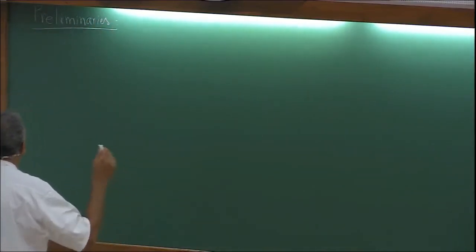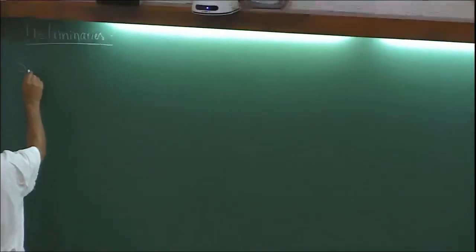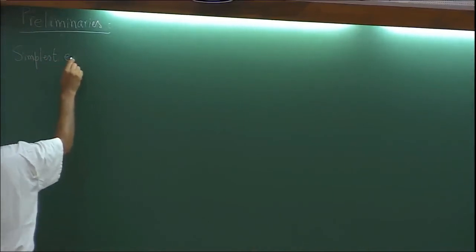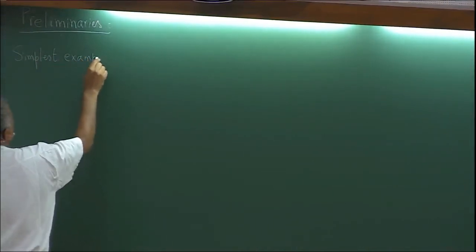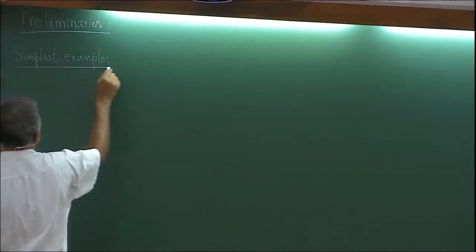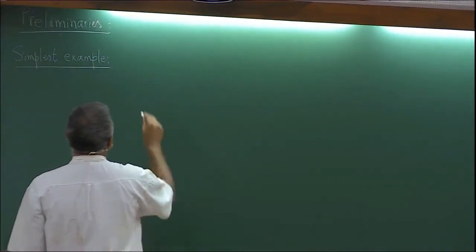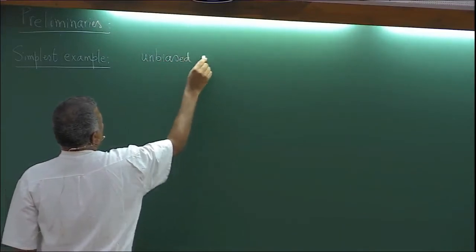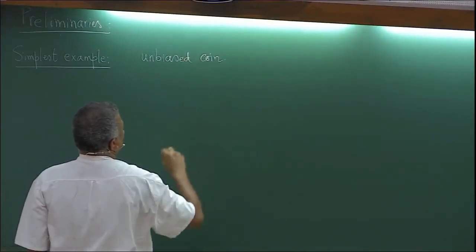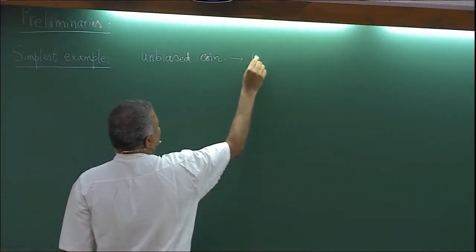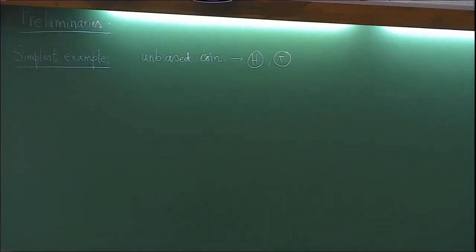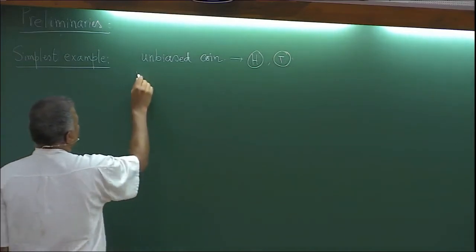So I'll start with the classic, simplest example that all of you know, a simple coin toss problem. I have an unbiased coin, with outcome head or tail, and you toss this coin n times.